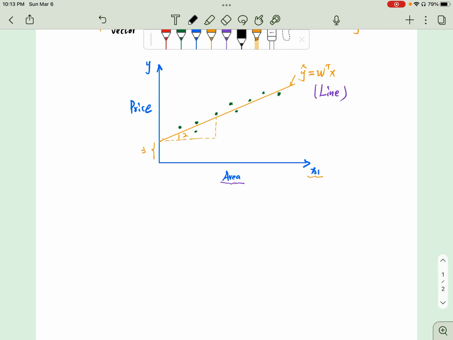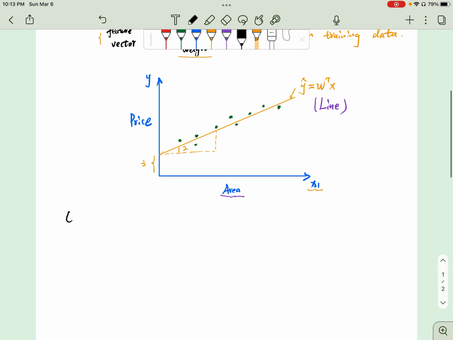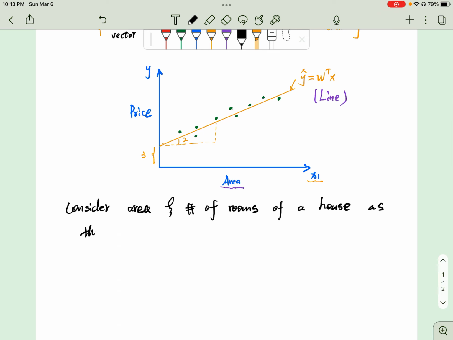Next, let's consider one more thing. We will consider the area of a house and the number of rooms of a house as the features.